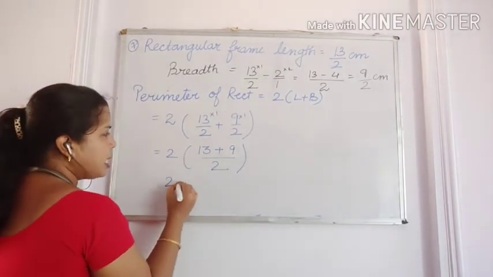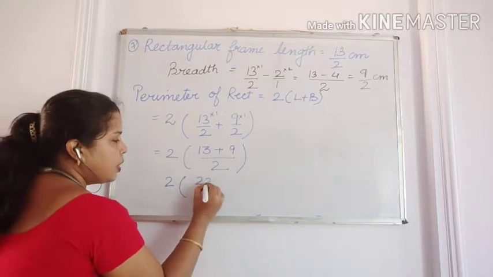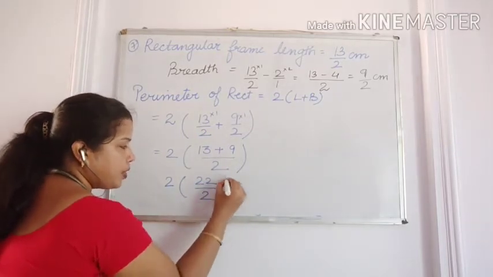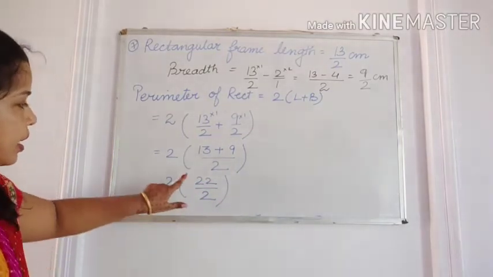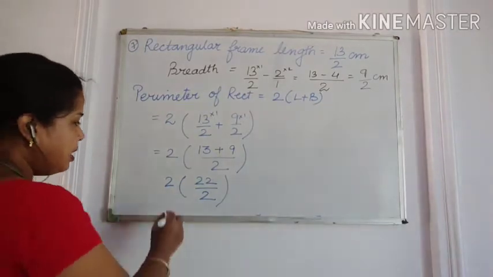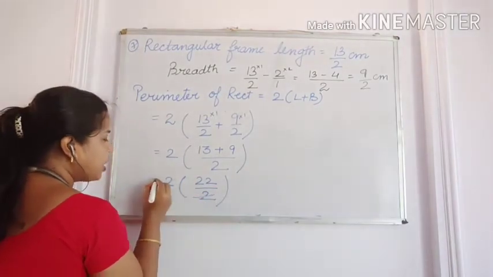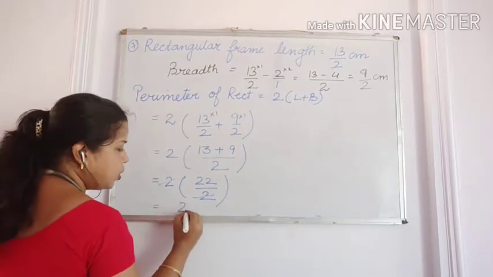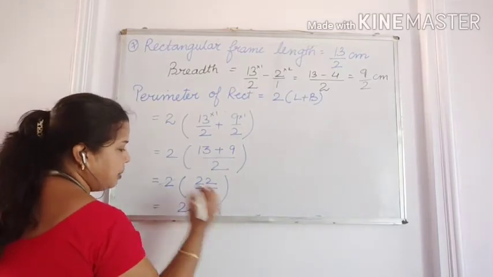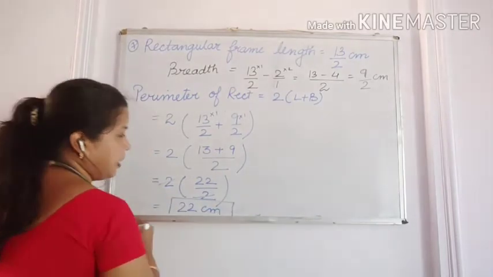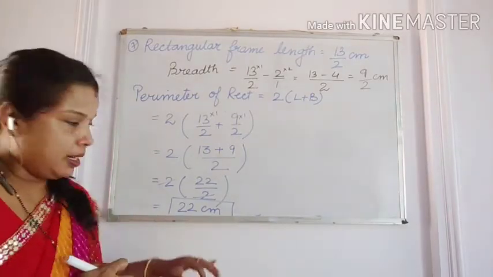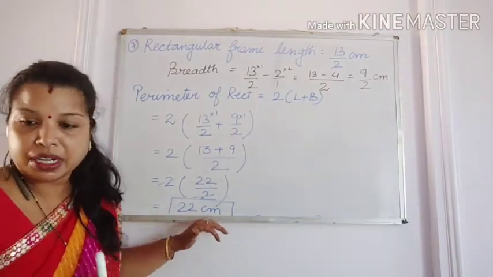Here 2 outside. If you feel comfortable, divide these two values. Otherwise, this 2 or this 2 you cut, then you will get answer 22 centimeter. That is your perimeter of rectangle.